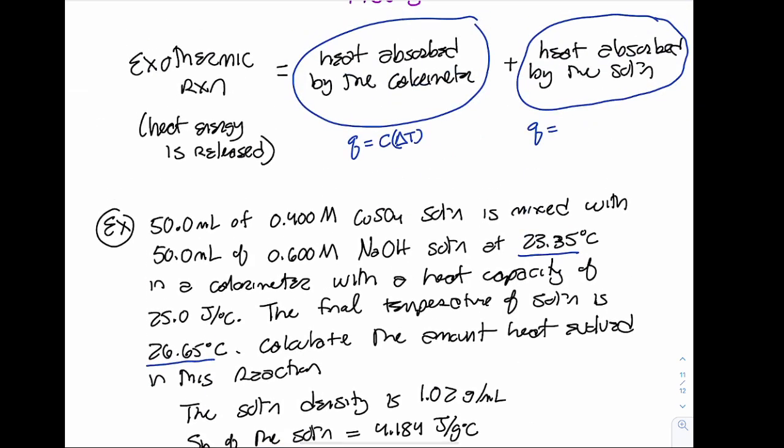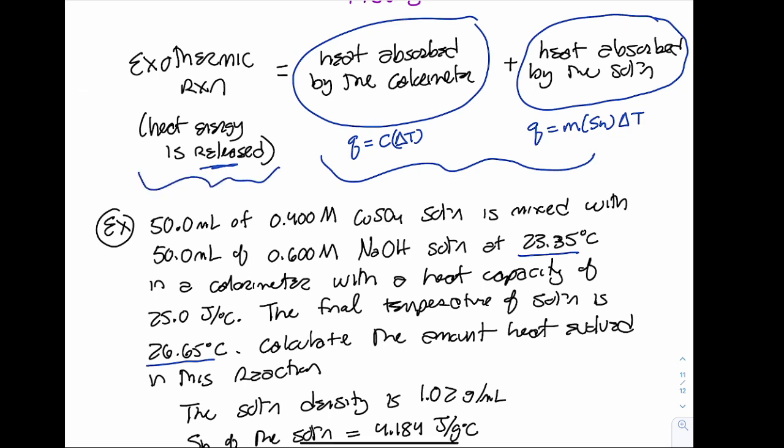This is kind of the clue as to how we're going to solve it. So my mass times my specific heat multiplied by my temperature change. Once I get both of those, I can add them together and then change the sign. Heat absorbed is going to have a positive value. I'm solving for heat released, so it's going to have a negative value. Total energy is conserved, so total energy absorbed is going to be equal to the total energy released. So that's kind of my plan.